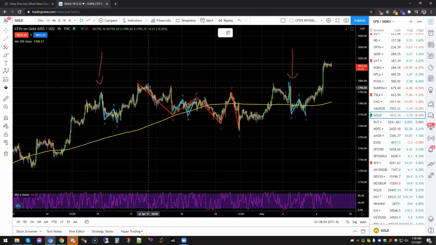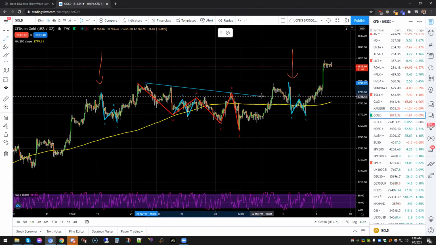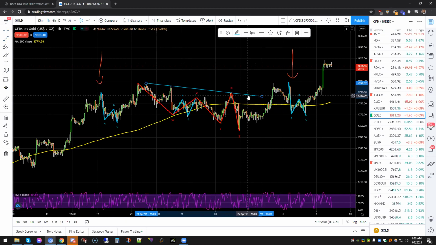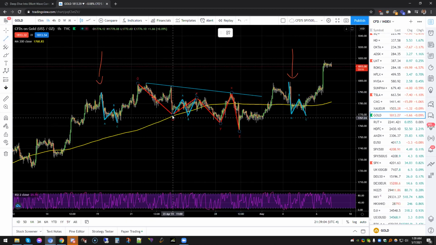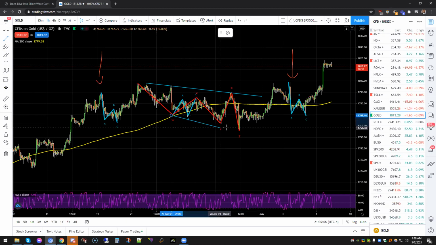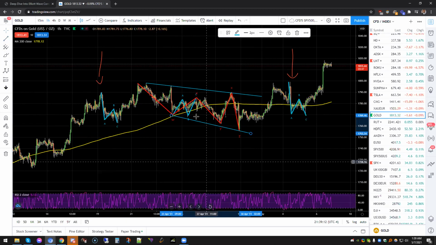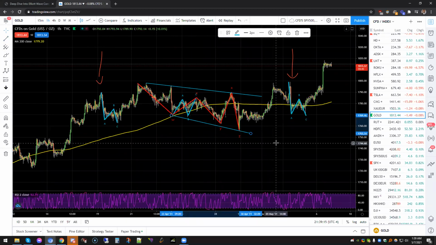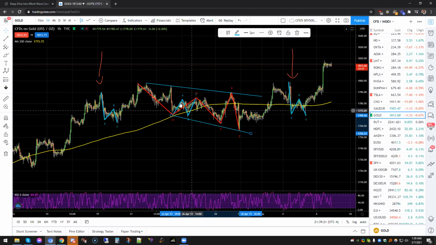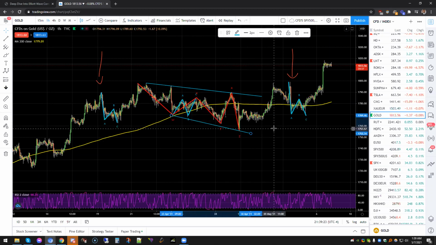Traders that look at simple pattern formations may look at this and say, this is potentially some sort of flag pattern or some sort of diagonal formation, right? So this is the wave that they may look at it as. And this is very clear to see that this is a corrective formation.